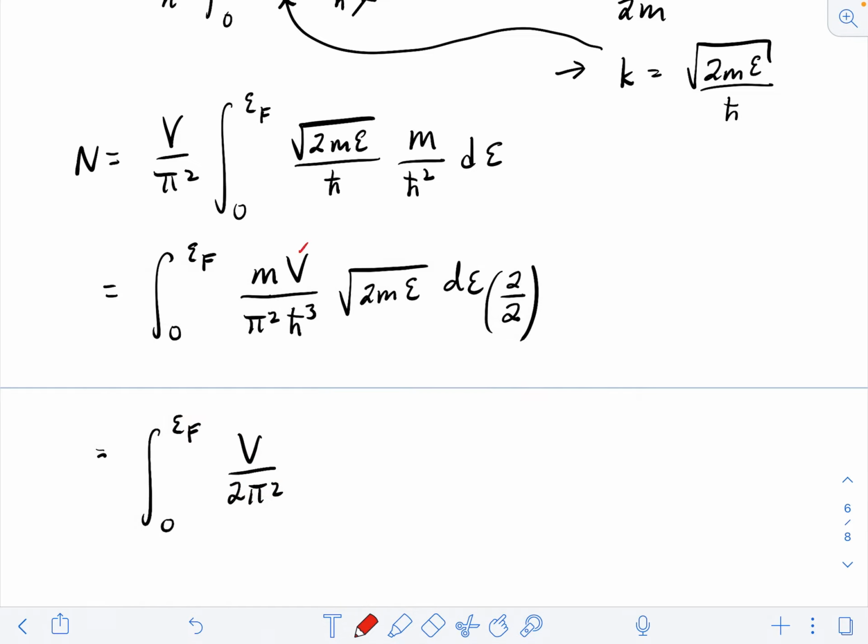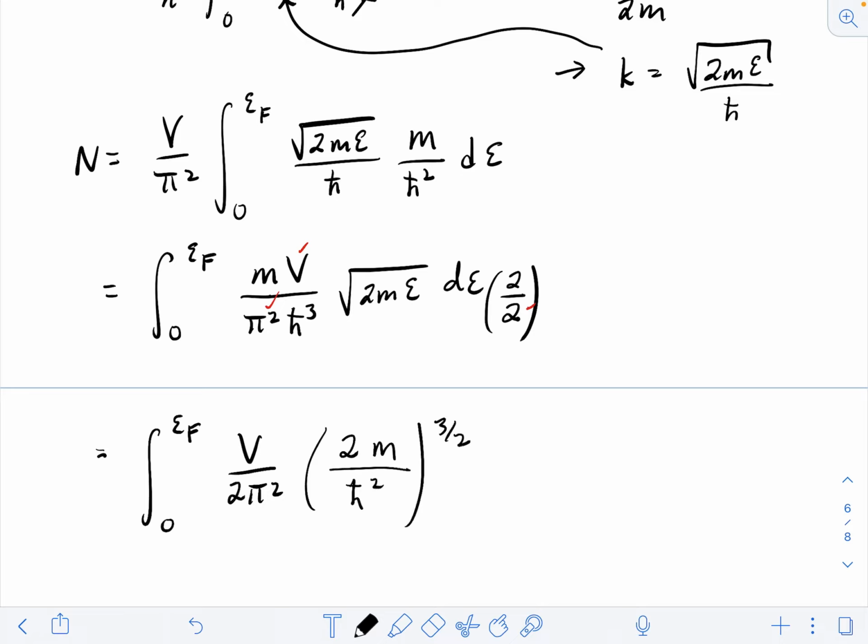So we've got the V, the pi squared, and the 1 over 2. And then what we have is an m times square root m, and so we'll have an m. We have 2 times square root 2, so we'll have a 2. And then we have h bar cubed, so I'm going to put an h bar squared in here.